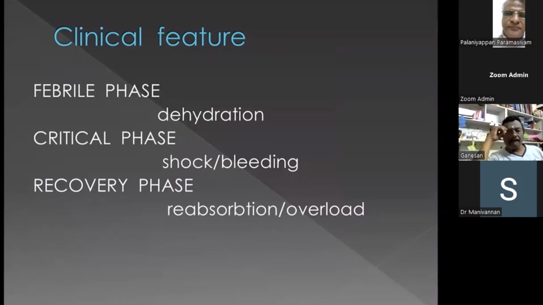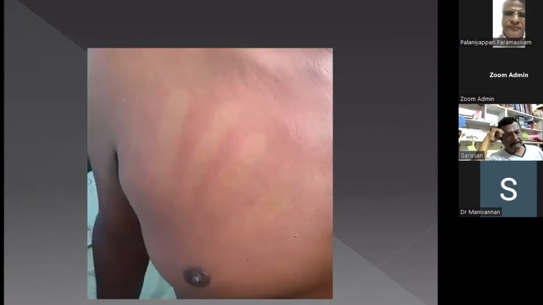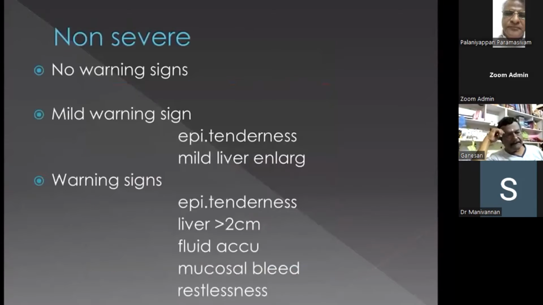Yeah, I'll present. Regarding the clinical features, the child will have a febrile phase, a critical phase, and a recovery phase. For practical purposes, we classify dengue into severe and non-severe. In non-severe dengue, we have fever without any warning signs that may be diagnosed or goes undiagnosed.